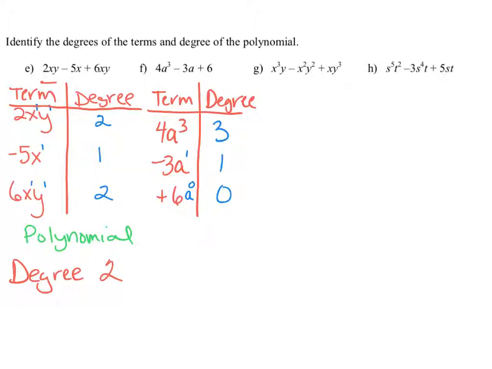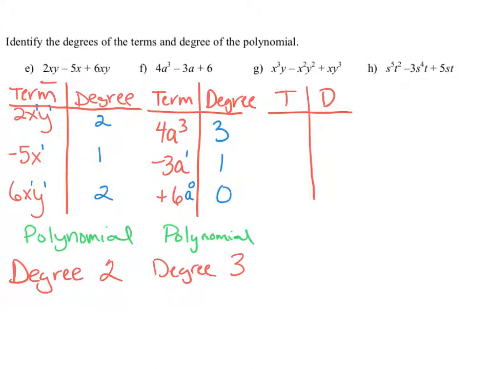Now let's look at the degree of the entire polynomial. For the entire polynomial, we're looking at just the greatest degree of any individual term. So in this second example, the entire polynomial has a degree of 3. For the third example, let's look at the terms and their degrees. The first term is x to the third y.